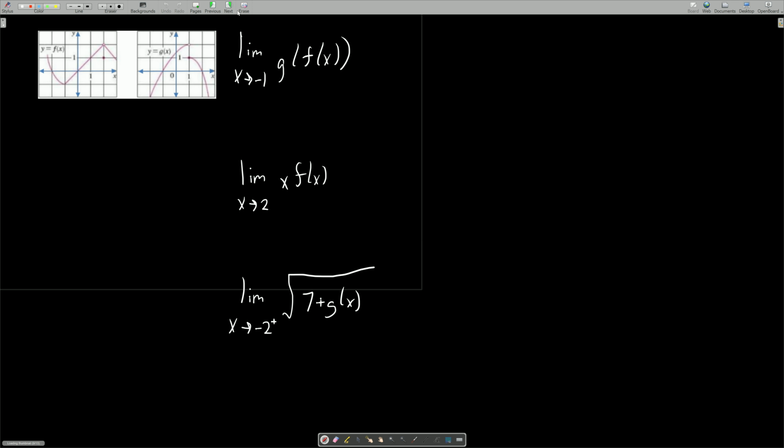Let's do some more with these exact same graphs from earlier. Now we have composite functions. So now this limit of g of f of x as x approaches negative 1. As we did before, you take the g, you move it outside.